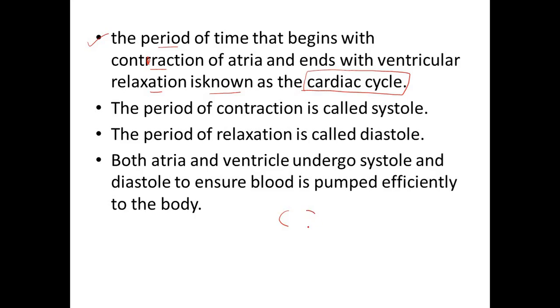Here, this is the structure of the heart; this is the atria and this is the ventricle. The contraction of atria and ventricle, as well as the relaxation of atria and ventricle, in a cyclic fashion is known as the cardiac cycle.